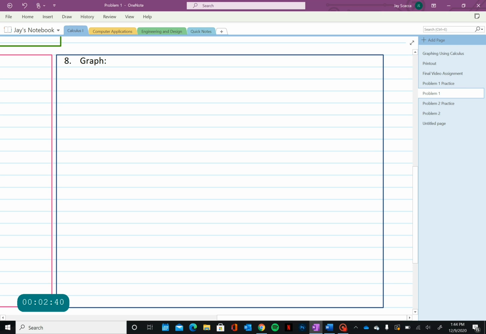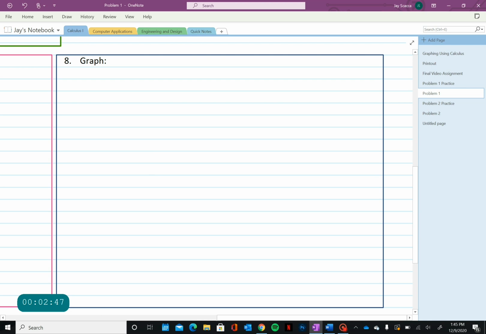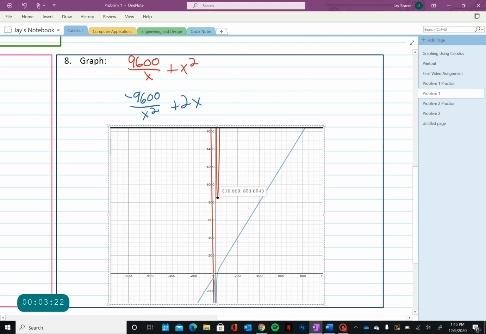So now we can graph, and in red is going to be the original function, which is 9600 over x plus x squared, and then the derivative equation, which is -9600 over x squared plus 2x, and then we can insert the graph here.